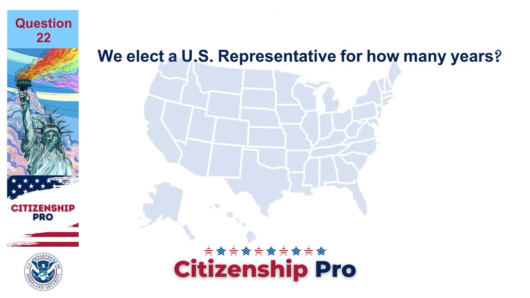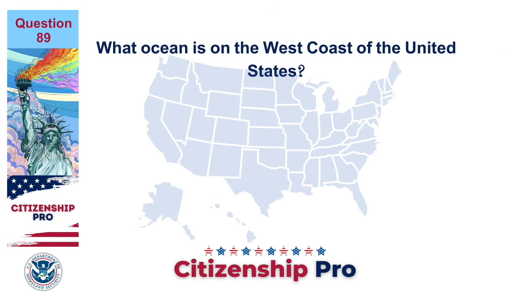We elect a U.S. representative for how many years? 2. What ocean is on the west coast of the United States? Pacific Ocean.